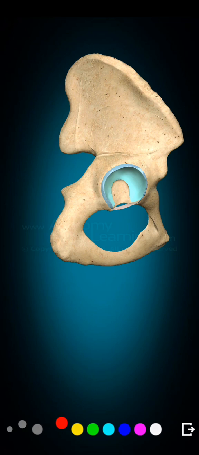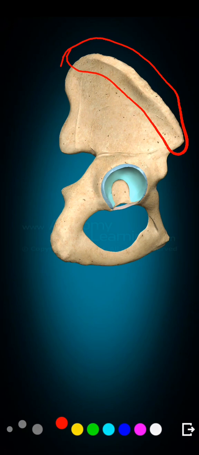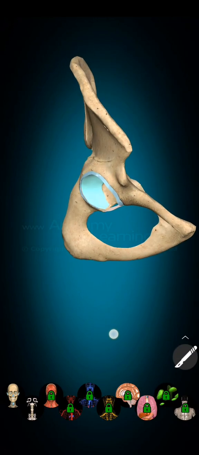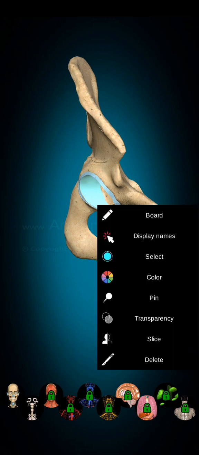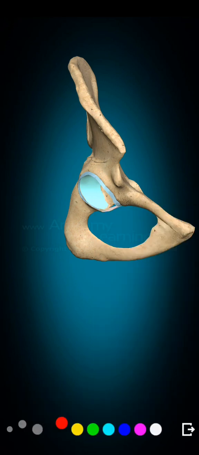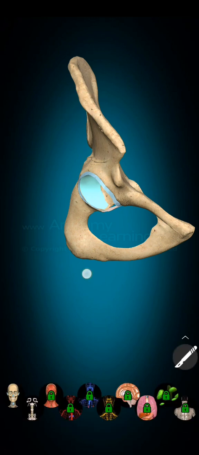In the ilium, on its uppermost part, we have some prominence. This is the iliac crest, and the iliac crest is marked with a tubercle. Let me show you, so you can feel this in a real bone. Here we have a tubercle in the iliac crest on its outer surface.